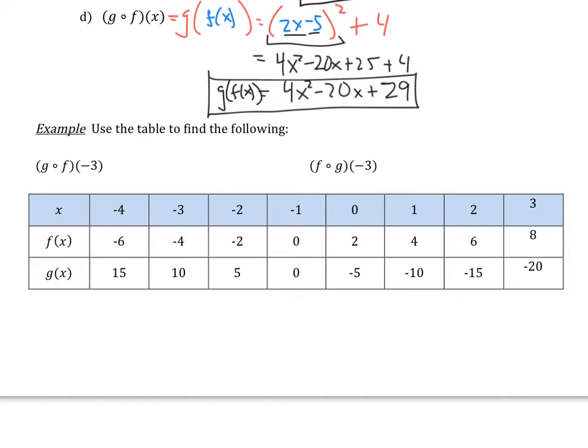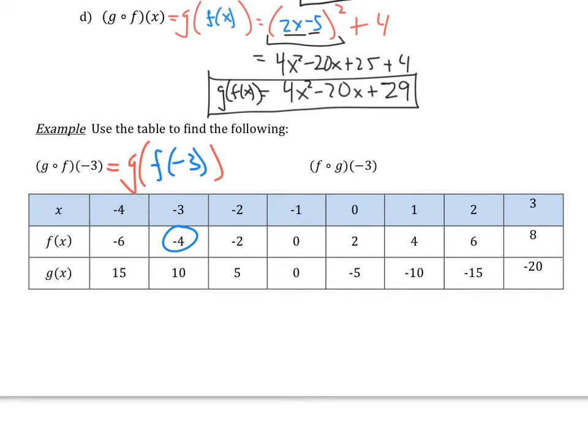So let's go ahead and find what g of f of negative 3 is. G composed with f. So we're going to figure out what f of negative 3 is first. Well, f of negative 3 is negative 4.